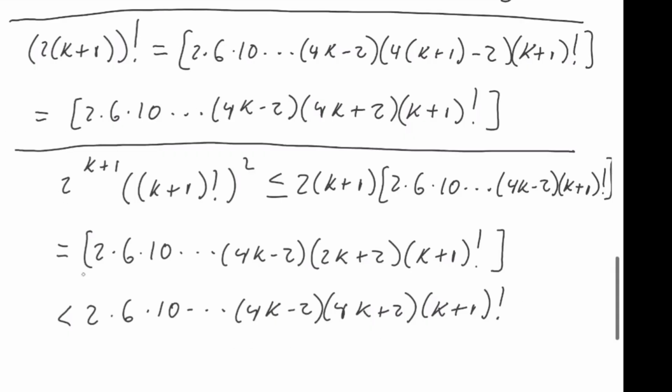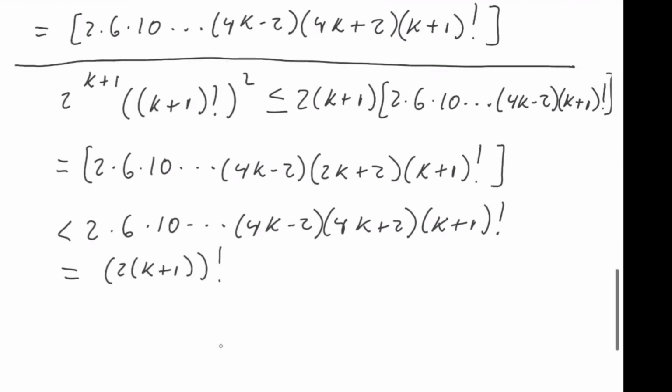And I know this is equal to 2 times k plus 1 factorial. So look, I was able to show that 2 to the k plus 1 times k plus 1 factorial squared is less than or equal to 2 times k plus 1 factorial.